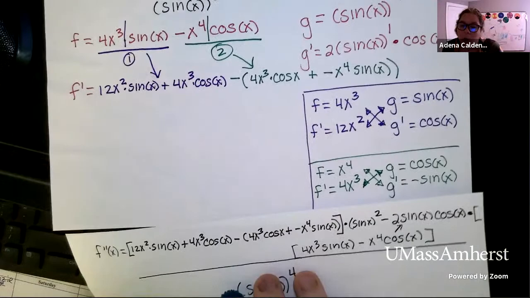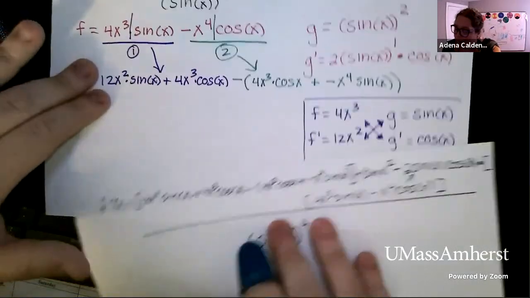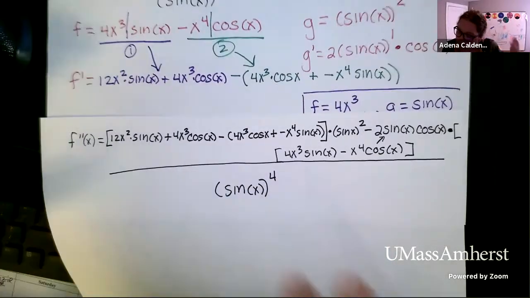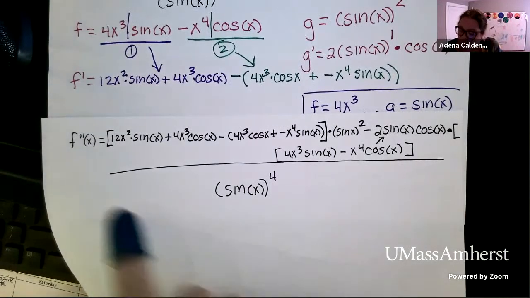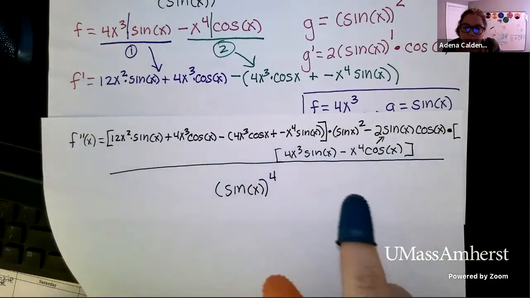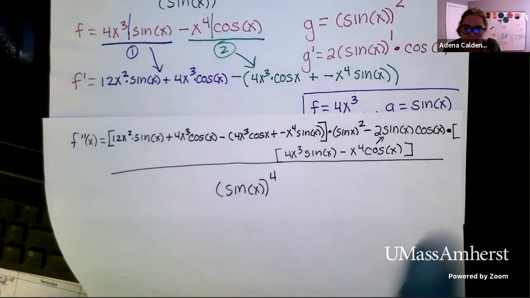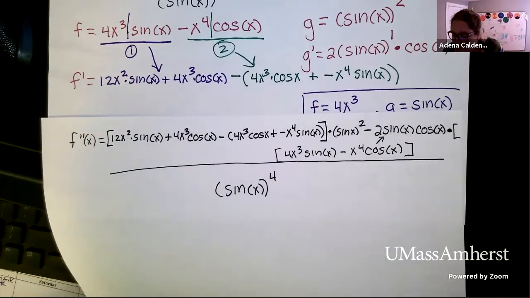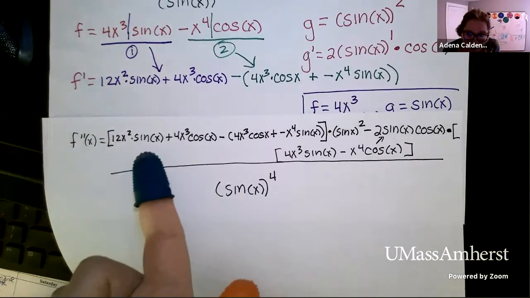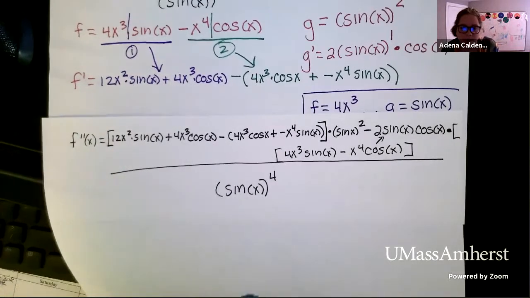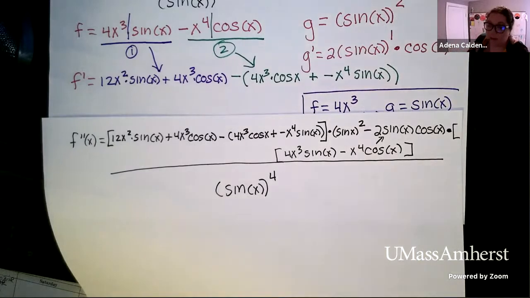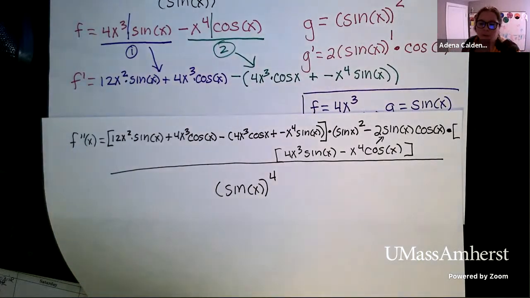So we have to be very, very careful and make sure that we're writing out all our pieces as we go. Why? Because if somehow we go back and we enter it and it's wrong or something like that, we want to be able to check each term against the work we did, right? Because maybe it was a transcription error. This is not a common quotient rule problem. Obviously, this is quite a bit harder than your standard one, but it does bring in everything we've learned in this class in chapter 3.